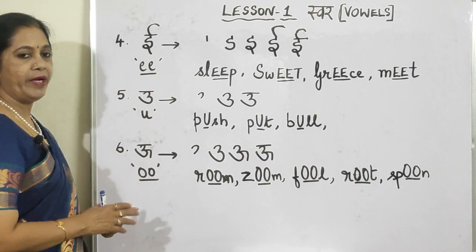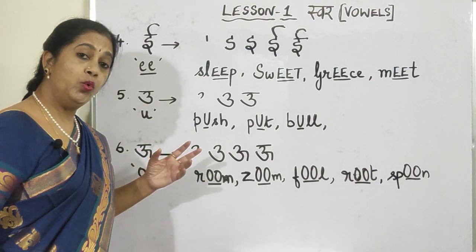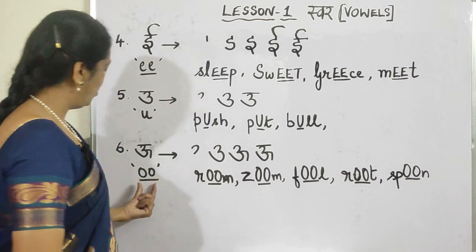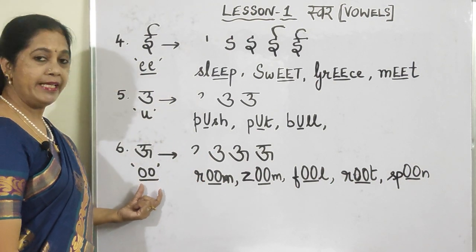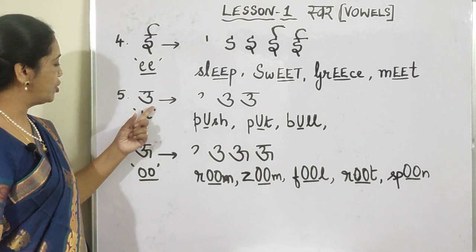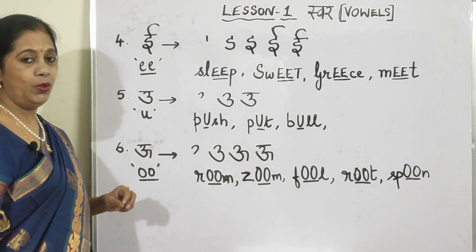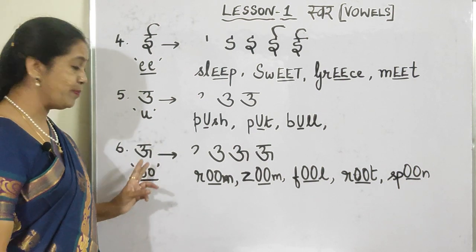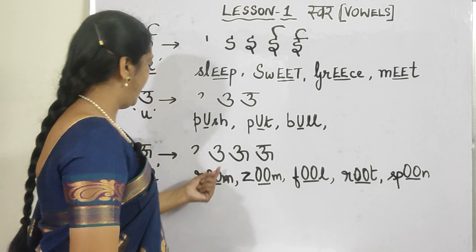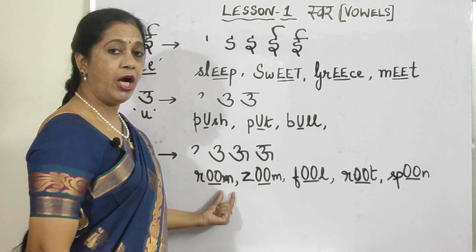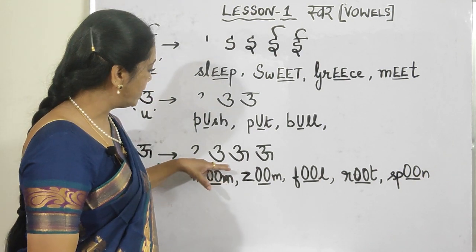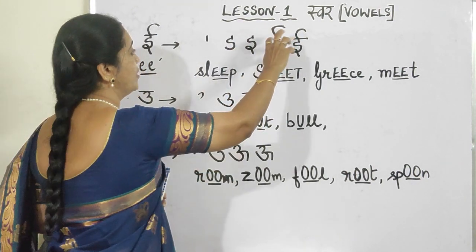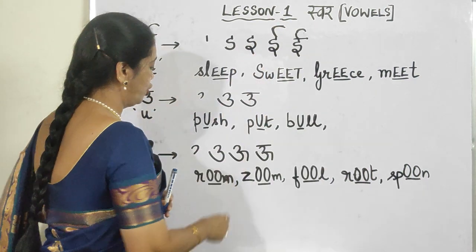Okay, the next one is oo, the two O's. In Hindi we say for this one ullu. Okay, ullu. Like that you have two eyes, but this is oo. Now here you see how you have to pronounce it. Before that, for the longer version you have a hook on top.